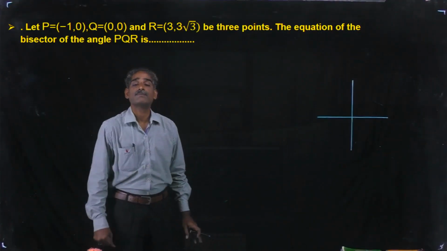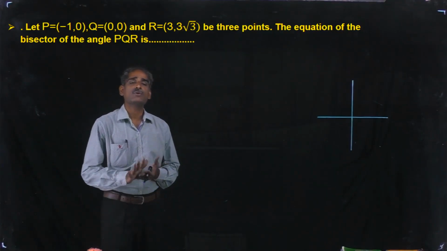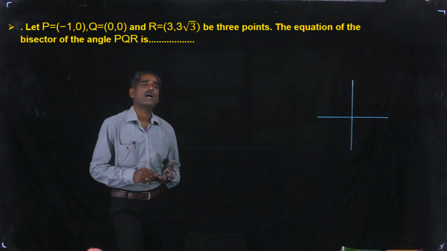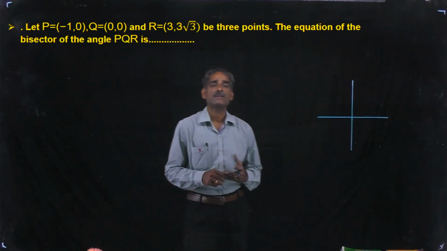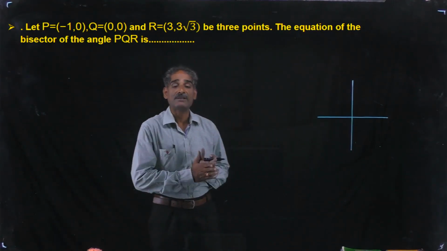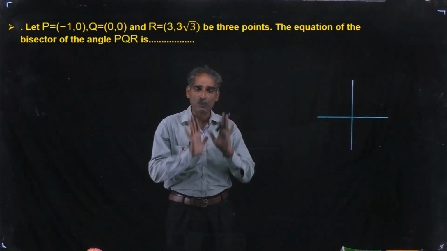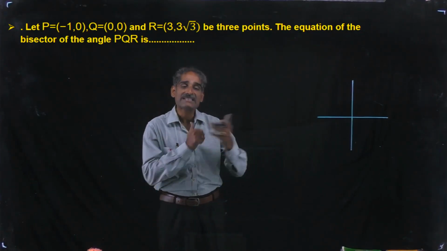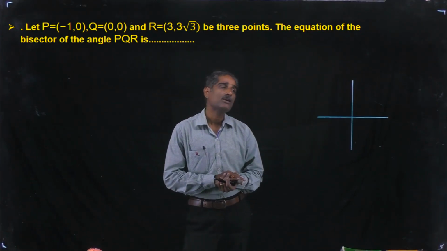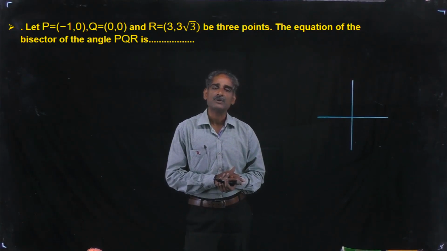See this problem. Let P(minus 1, 0), Q(0, 0) and R(3, 3 root 3) be the 3 points. Find the equation of the bisector of the angle PQR. So what about the coordinates?